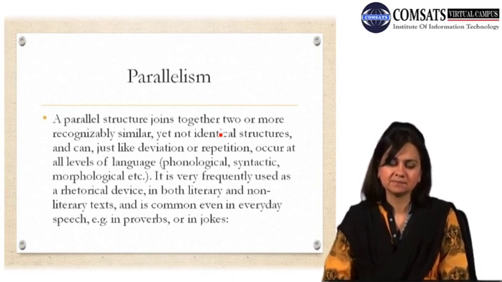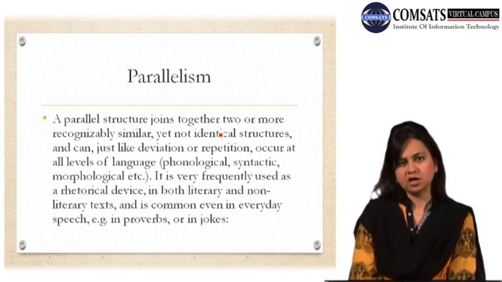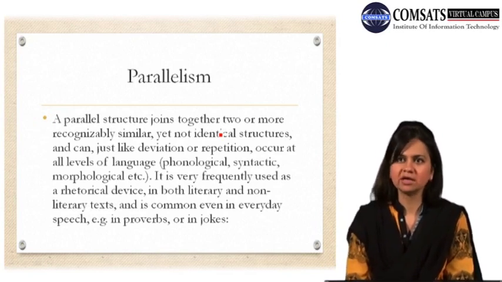You find examples of parallelism in songs, poems, political speeches, in jokes, in nursery rhymes, also in the jingles of advertisements that you watch on TV, or even the slogans of political parties, or the slogans written on the billboards of certain advertisements as well.